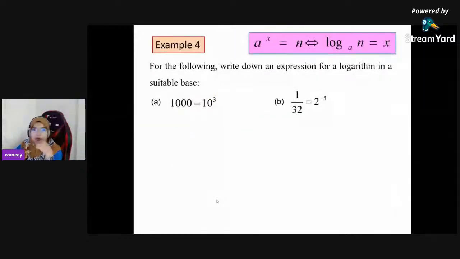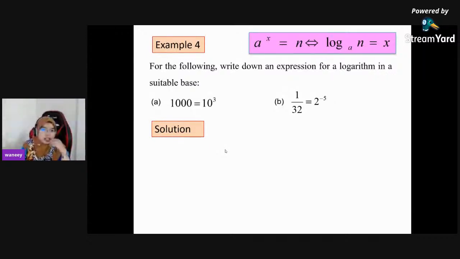So now for the following, write down an expression for a logarithm in a suitable base. Okay, so for example, this one is 1,000 is equal to 10 cubed. Now if we want to use a log, since this one is 10 to the power of 3, it is better for us to choose log to the base of 10.